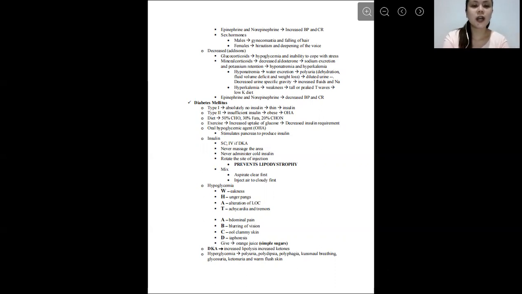Never massage the area after administration, never administer cold insulin, because cold insulin will cause pain. Rotate the site of injection to prevent lipodystrophy.